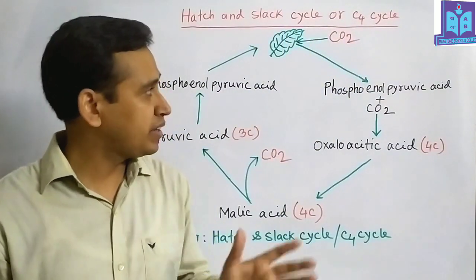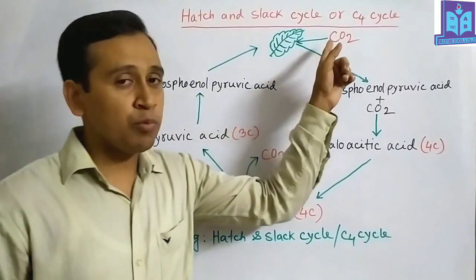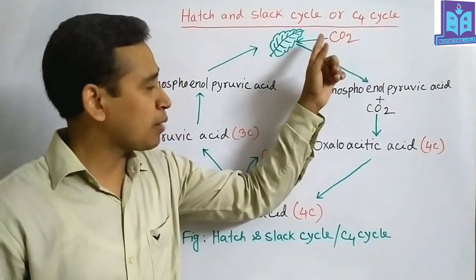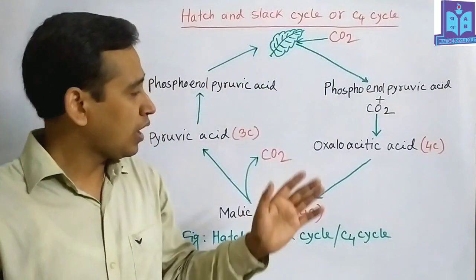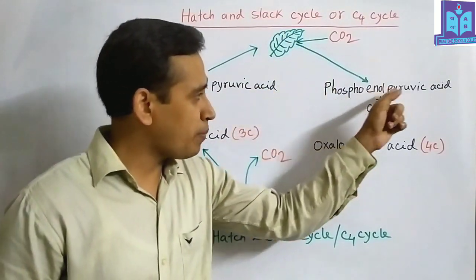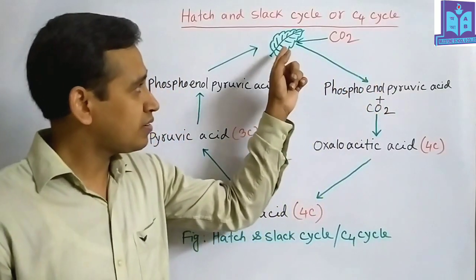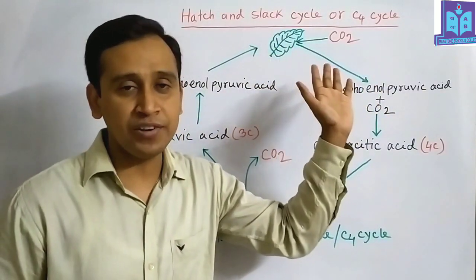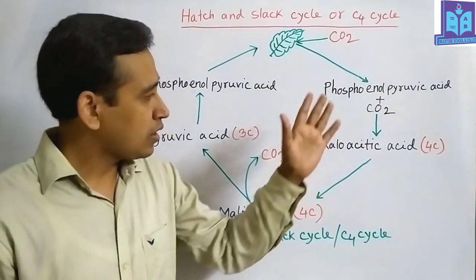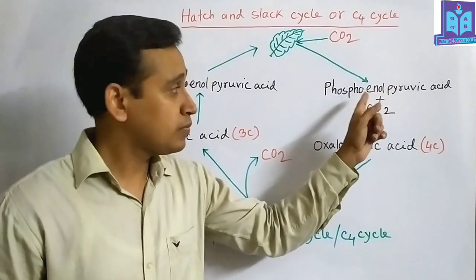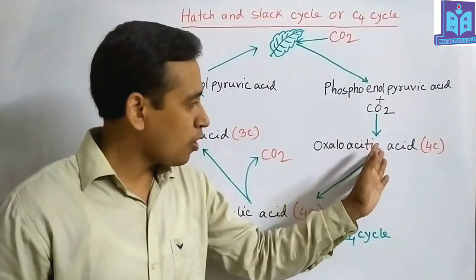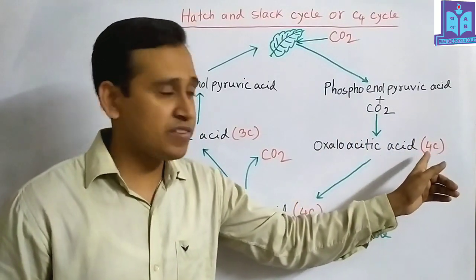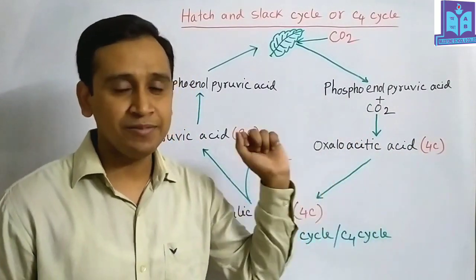So what is happening here? Carbon dioxide from the atmosphere enters into leaves through stomata, and phosphoenolpyruvic acid is present in the cells of mesophyll tissue. Carbon dioxide reacts with phosphoenolpyruvic acid and forms 4-carbon based oxaloacetic acid.